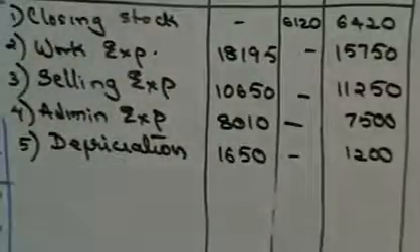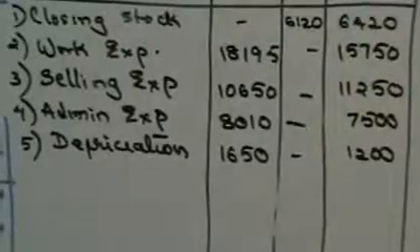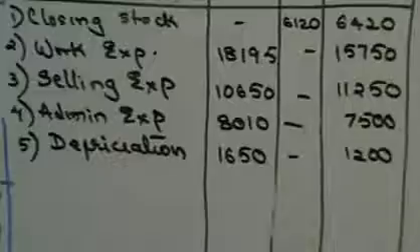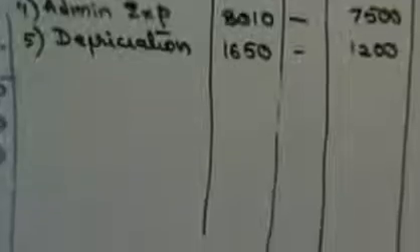Now let's look at those entries which are never recorded in the cost sheet and come only in P&L. Let's scan through the P&L, guys. First entry, purchase, we have that in cost sheet. Closing stock, we've recorded. Wages, work expenses, selling expenses, admin expenses, depreciation, we've recorded all of that. Let's scan through the credit side. Sales, profit on sale of machinery, right?